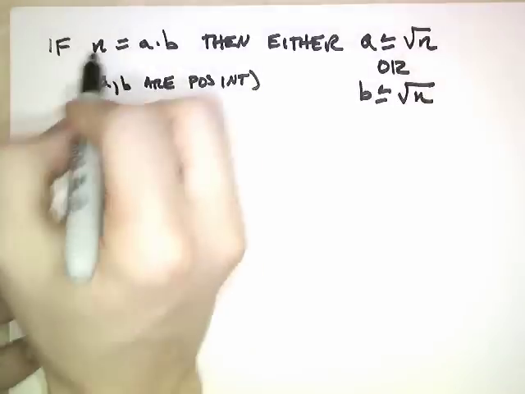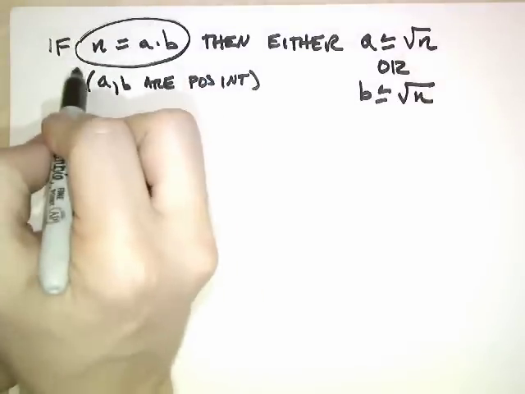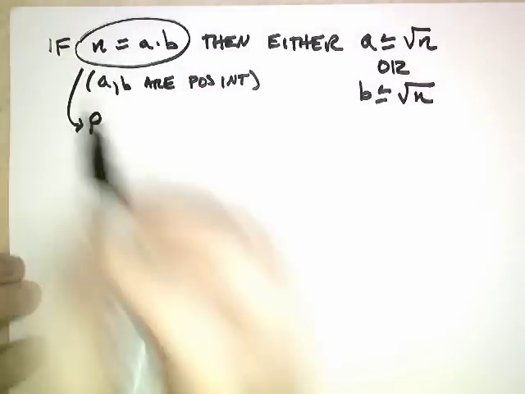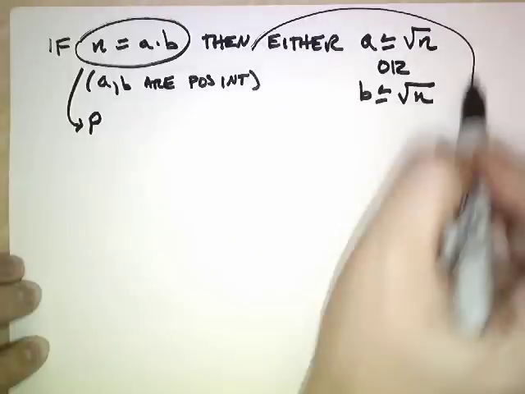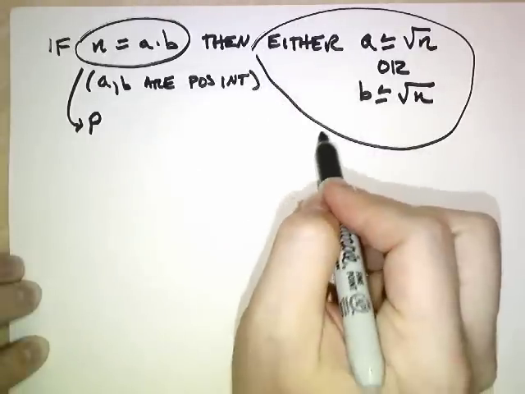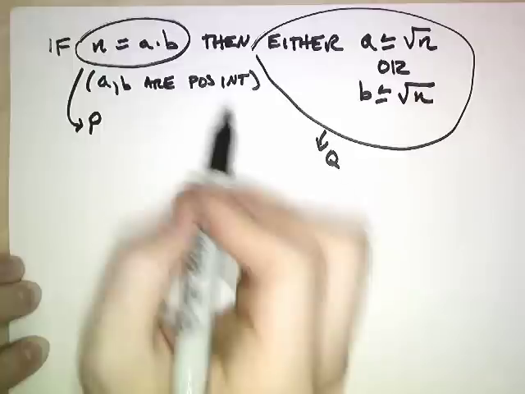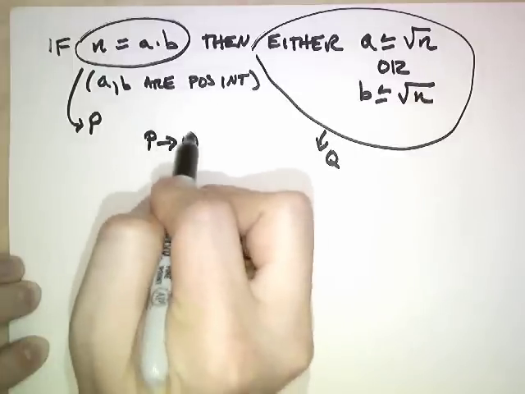Okay, so here we have a mathematical statement, call it P, and here we have mathematical statement Q, and we want to prove that P implies Q.